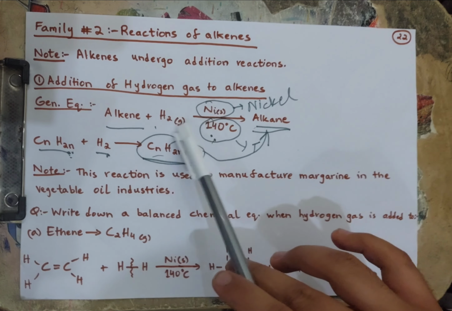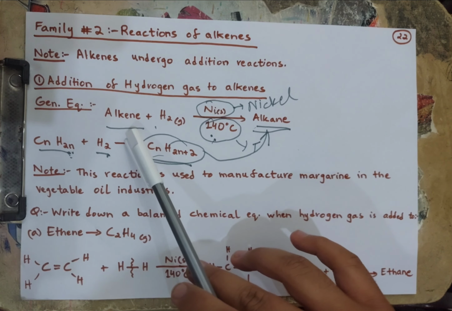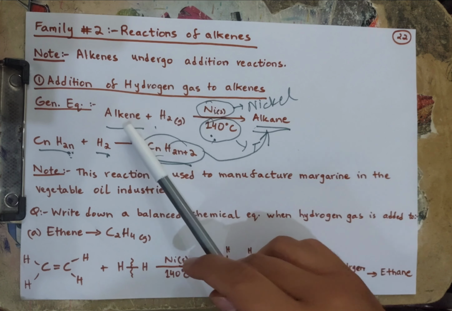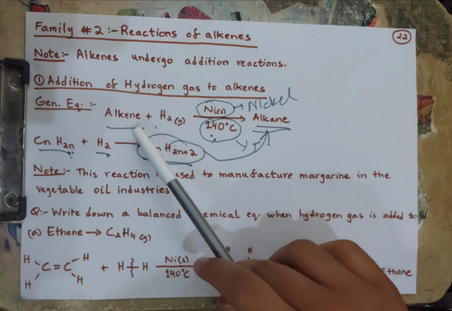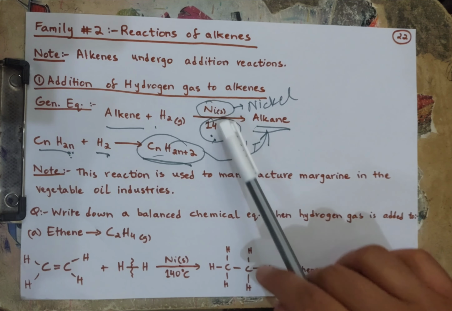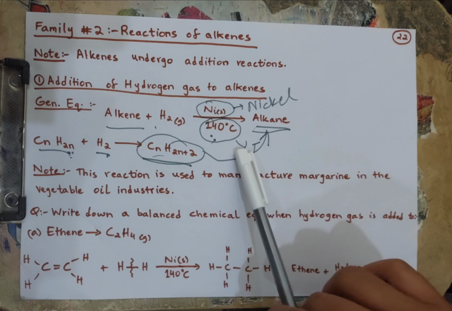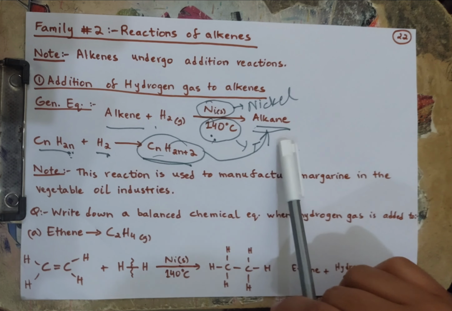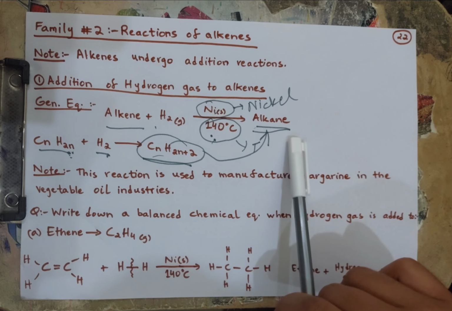When hydrogen gas is added to alkene, it will react with alkene in the presence of nickel solid and 140 degrees Celsius temperature. These are the conditions, you need to memorize them, and what will it form? It will form alkane.